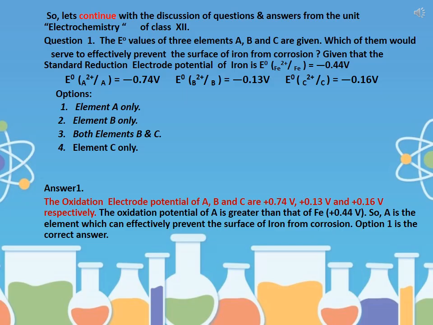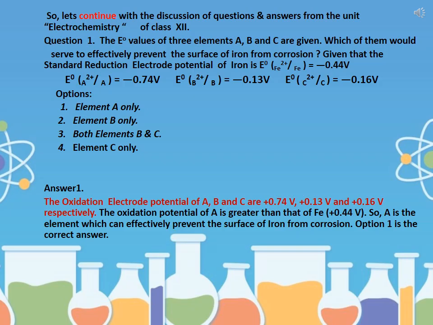So oxidation potentials of A, B, and C are plus 0.74, plus 0.13, and plus 0.16 volt respectively. Now, what about the oxidation potential of iron? Plus 0.44 volt. If you look at the oxidation potential values, the value for A, which is 0.74 volt, is greater than that of iron.